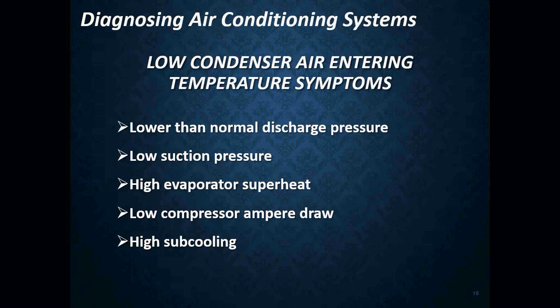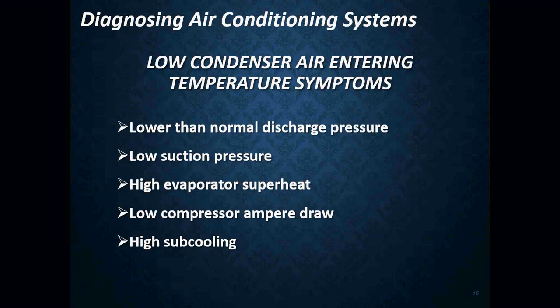So, a 30 psi pressure difference is usually the minimum across a thermostatic expansion valve metering device. That's pretty much what we see. Okay? This reduces refrigerant flow, causes a starved evaporator, which will cause low suction pressures and high superheats.